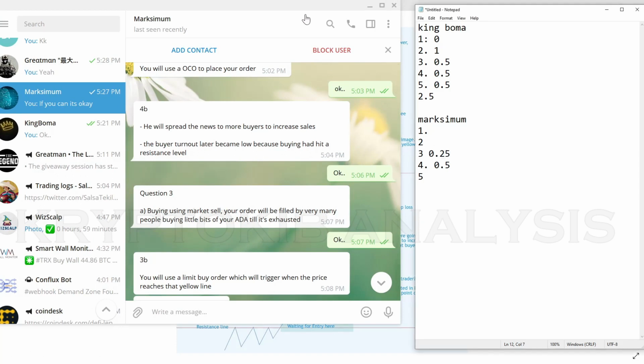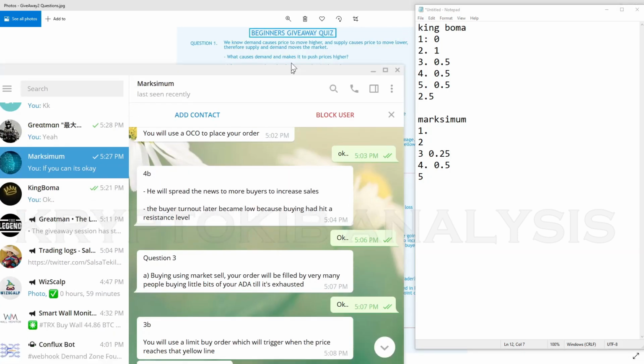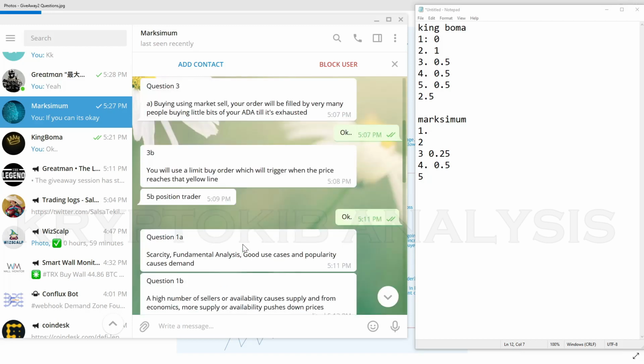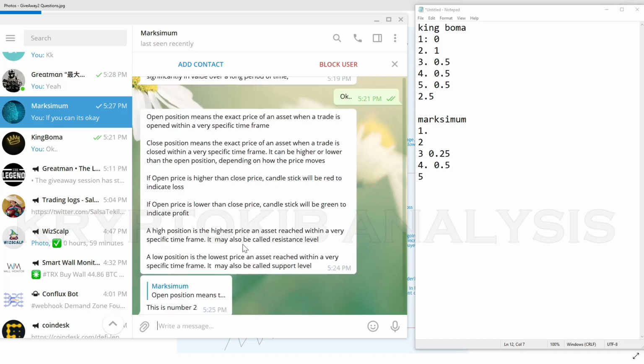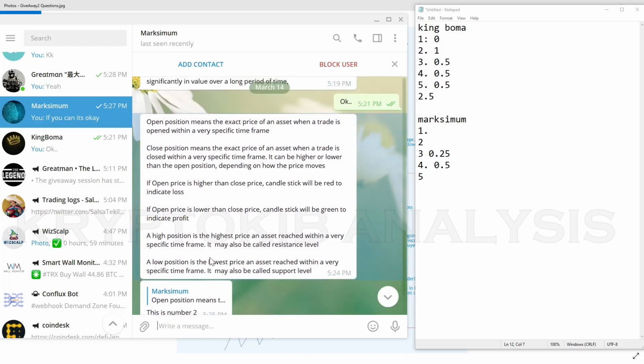Then the second one, the 3B. Okay, that's stop limit. You will use a limit buy order, which will trigger when the price reaches a yellow line. Limit buy won't trigger. But yes, I think he changed it. Let me see.